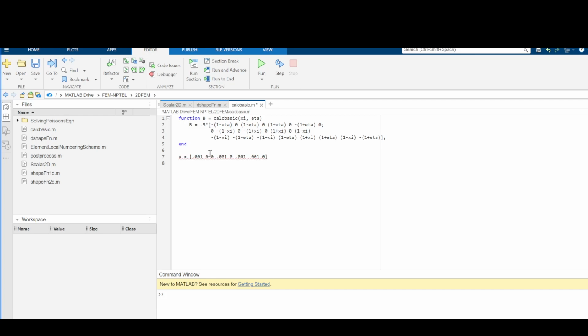So that's how we take transpose, right? I think it will not work outside a function, if you're writing a script file.